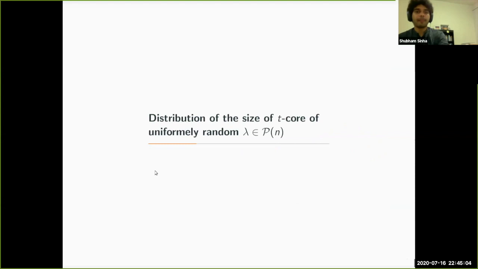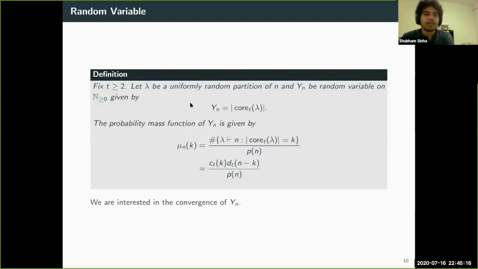It's about the distribution of the size of the t-core of a uniformly random partition lambda of size n as n grows to infinity. So let's set up the stage where this distribution makes sense. Given any random partition lambda, our random variable Y_n is described on the set of natural numbers, which basically takes the value of the size of the core of lambda.